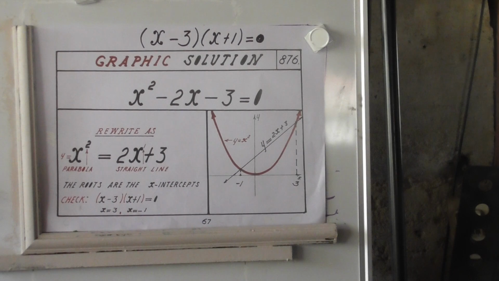This is the graphic solution, because if I split this up, I have x squared equals 2x plus 3. And we know, we did that before, this is a straight line. Y is 2x positive 3. That is this line.